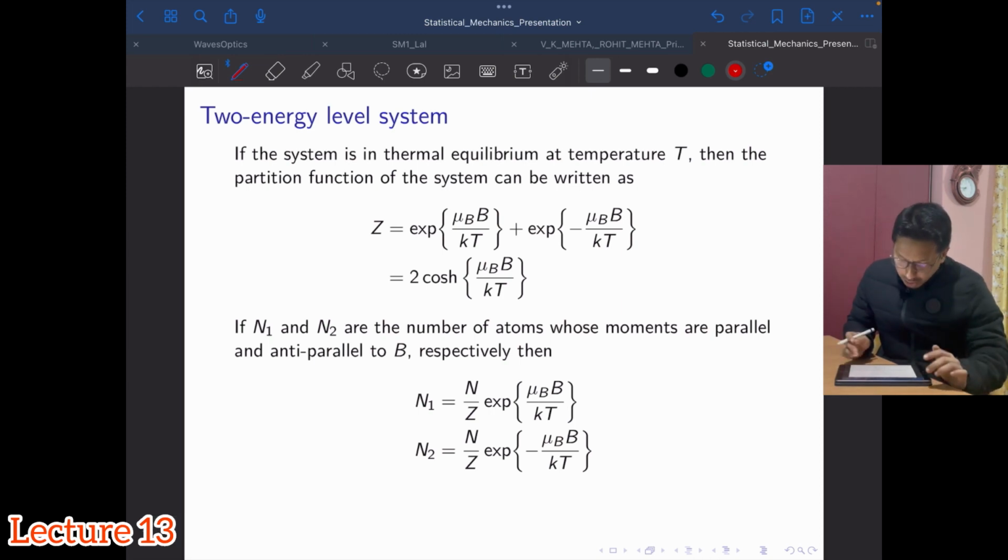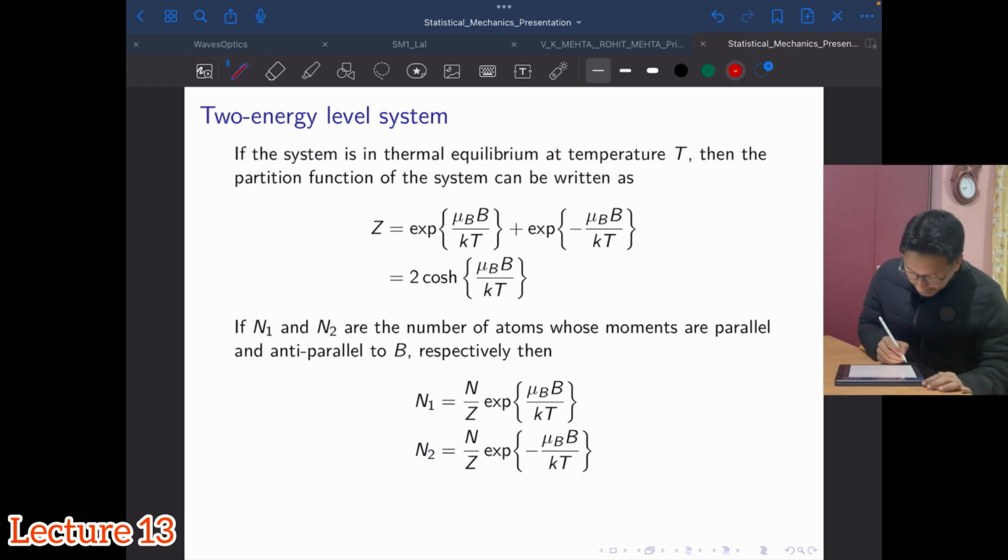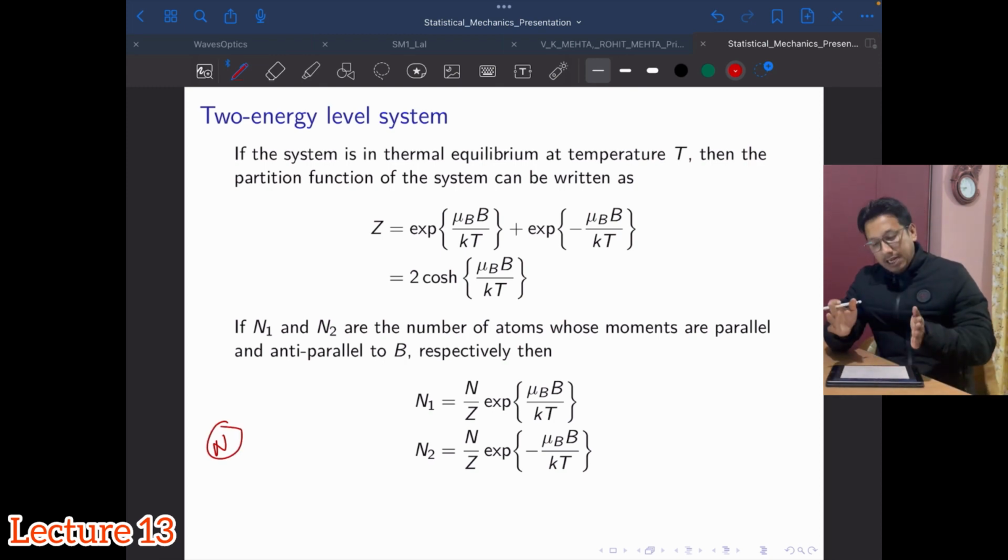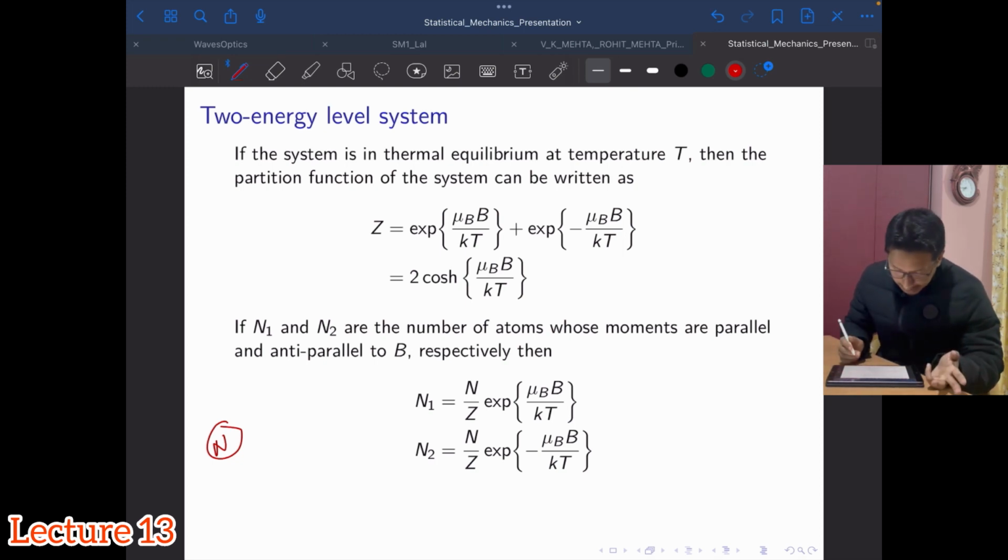Let's say that out of these N atoms that I have considered for our system, N was the number of atoms per unit volume, so let's consider only one unit volume of the substance. So I have N atoms in there.